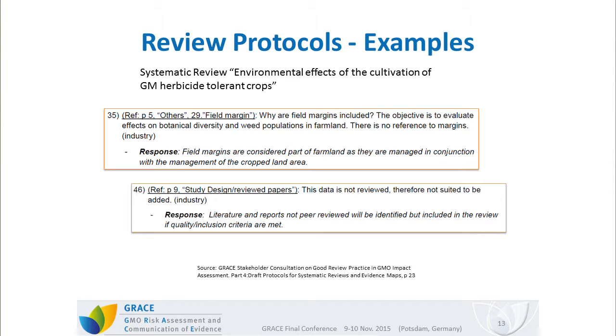Another example is about the type of evidence that's being considered, where one comment was alluding to the fact that data should not be included if they are not peer reviewed. We made clear that peer review is not a necessary requirement for data to enter the process of systematic review or evidence maps.